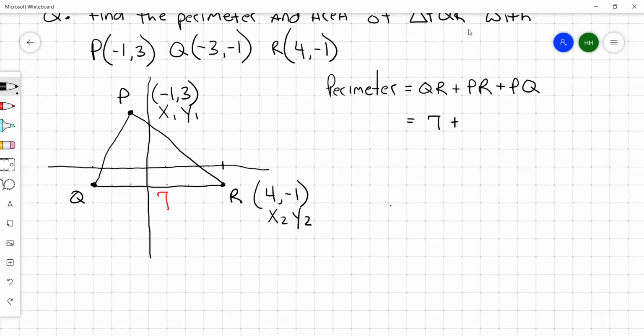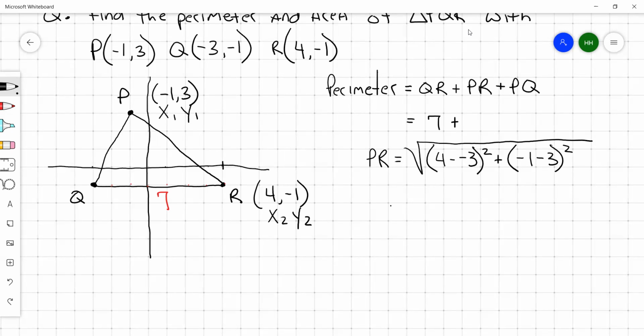So we need to find now P to R. It's equal to the square root of x sub 2 minus x sub 1, so 4 minus negative 3 squared, plus y sub 2 minus y sub 1, that's negative 1 minus 3 squared.